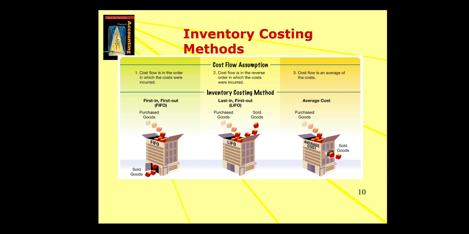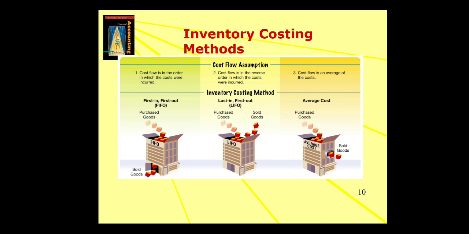So see here, there are 3 methods that can be used to calculate the cost of items sold by a business. The first method is called first in, first out, or FIFO. The second method is called last in, first out, or LIFO.